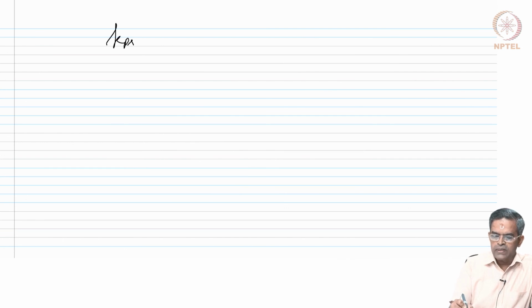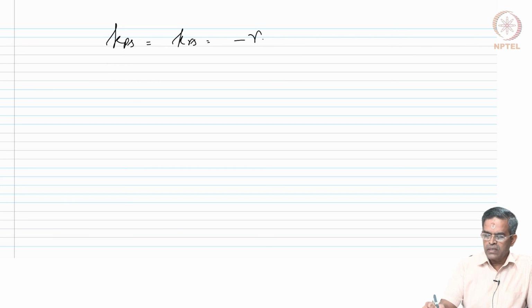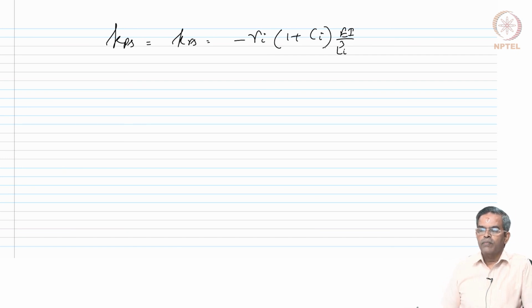So, Kps is equal to Krs, which is minus Ri of 1 plus Ci, Ei by Li square.